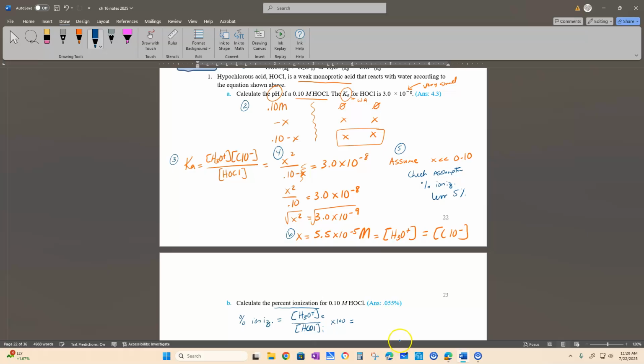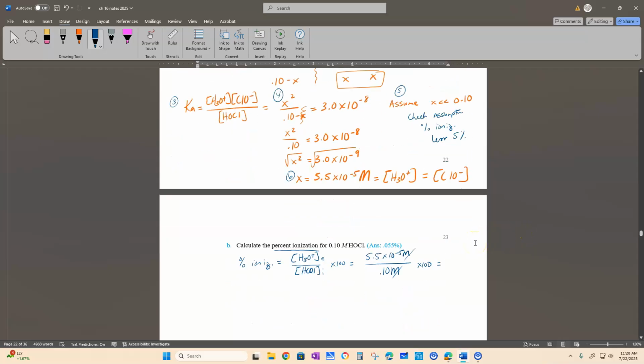That's a good assumption. So at equilibrium, we had 5.5 times 10 to the negative 5 over 0.1 times 100. We want these molarities to cancel. Plug it in: 5.5, E button, negative 5, divide by 0.10, times 100.